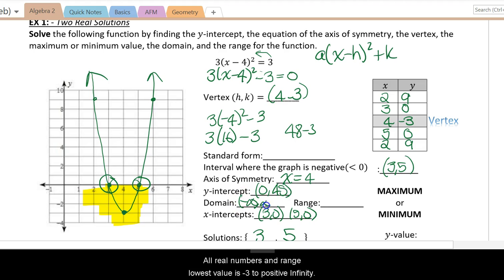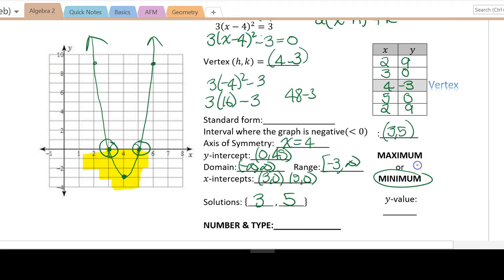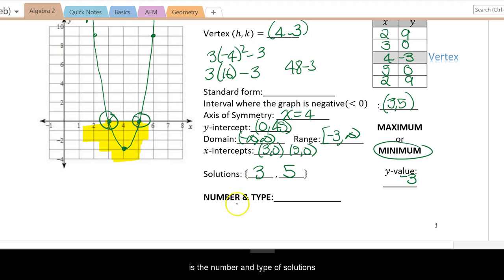Domain, all real numbers, and range, lowest value is negative 3 to positive infinity. It's a minimum, and that minimum value is negative 3. And then the last piece here that's new as well is number and type. So there are 2 real solutions. Okay.